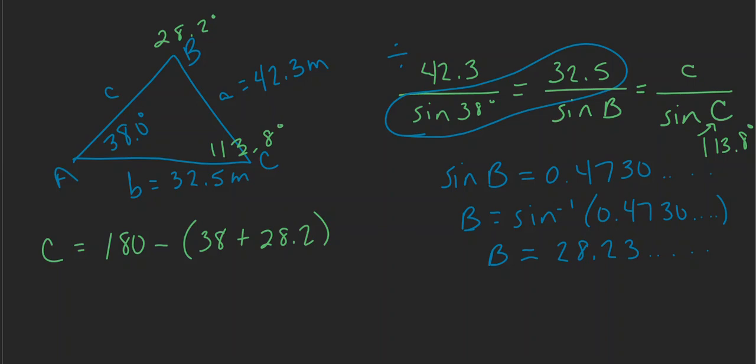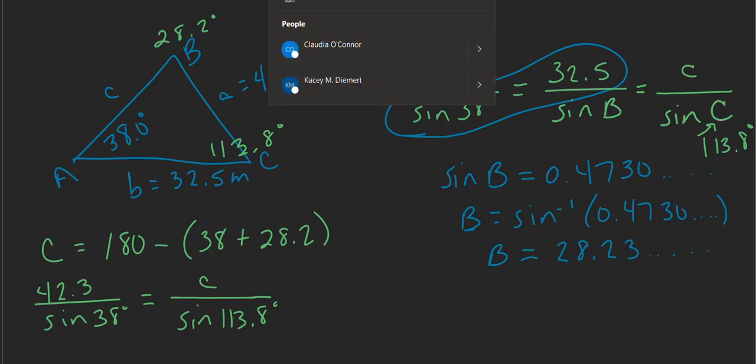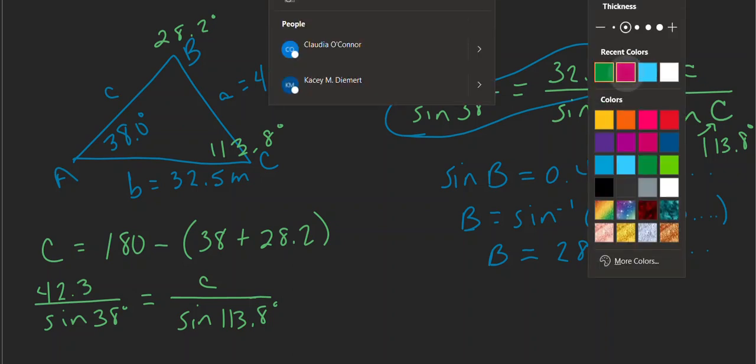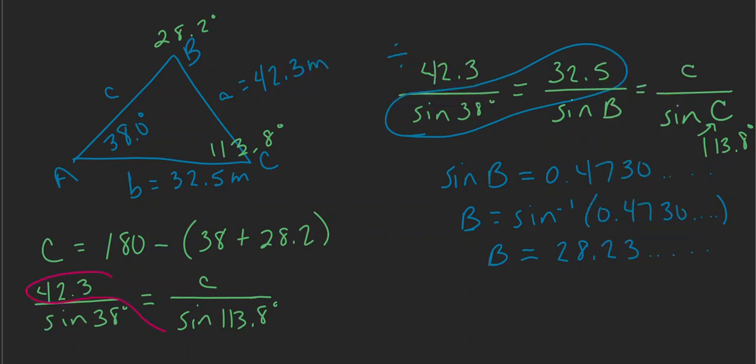I'll go ahead and rewrite which ones I'm using. So I'm going to use 42.3 over sine of 38 equals C over sine of 113.8. I'll go ahead and do 42.3 times sine of 113.8 divided by sine of 38.